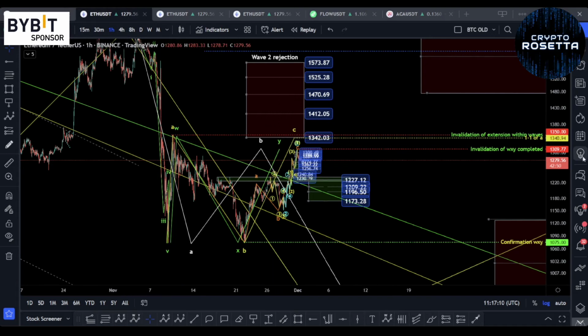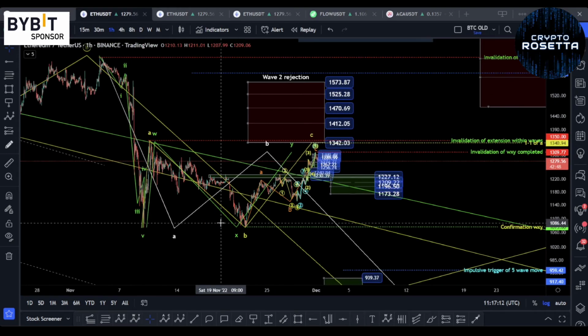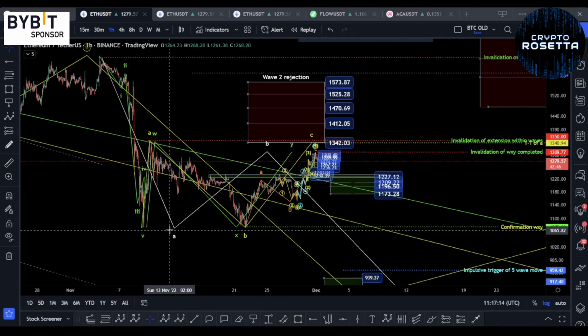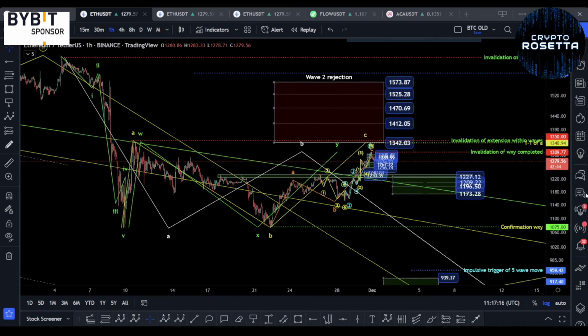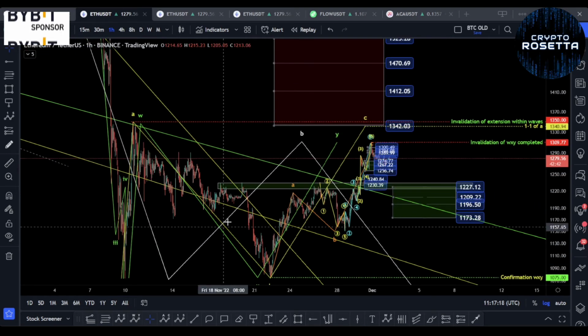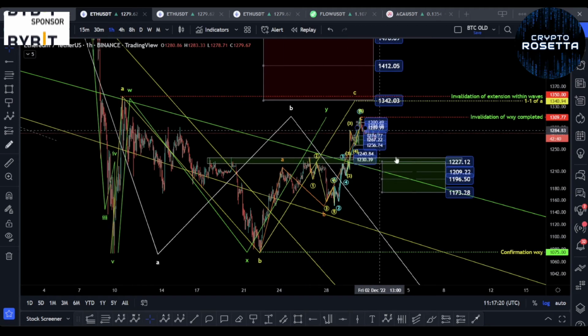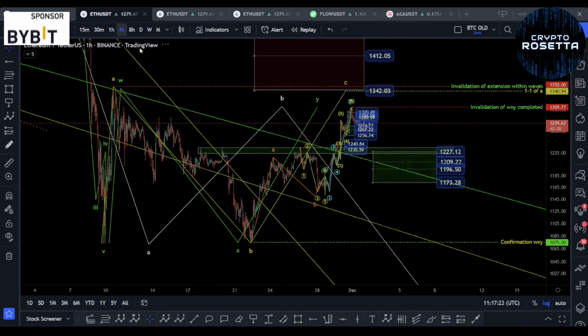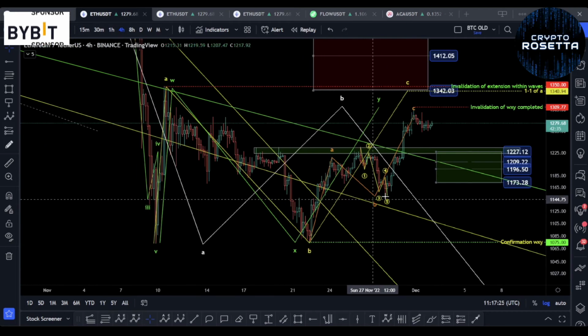Last thing I want to show you is this potential. So we need to just be aware that this could, even if this fails to develop as a triangle, let me go into the bigger time frame here.